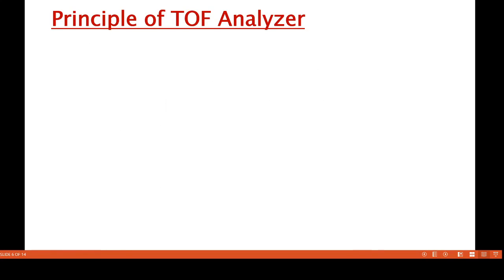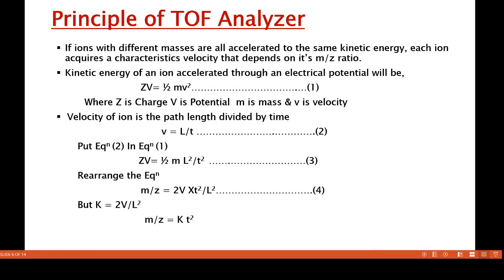Then we see the principle of this TOF mass analyzer. Up to this point, zV is equal to 1 half mv square, which we have seen in the previous slide. This is nothing but the kinetic energy of an ion accelerated through an electrical potential. Z is the charge, V is the potential, m is the mass and v is the velocity of the ion.